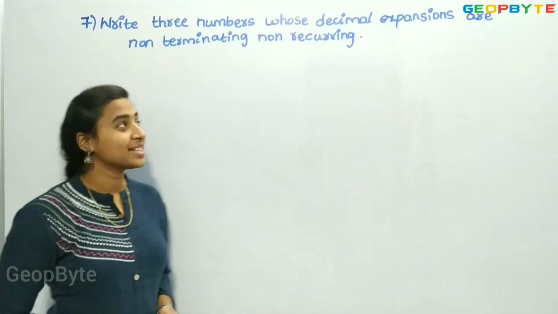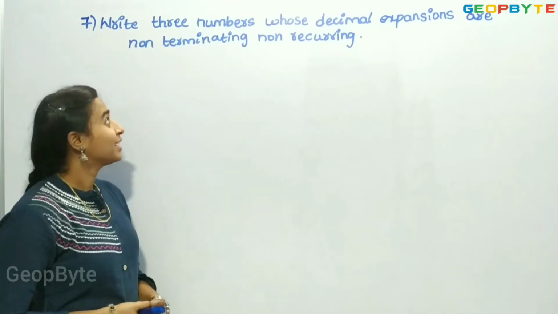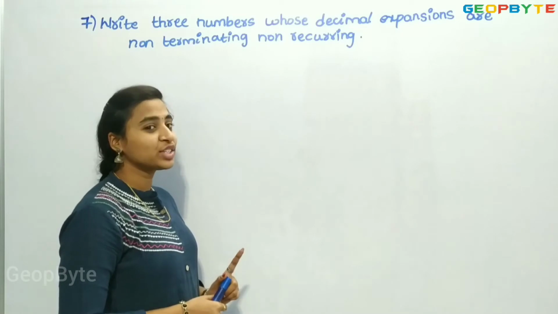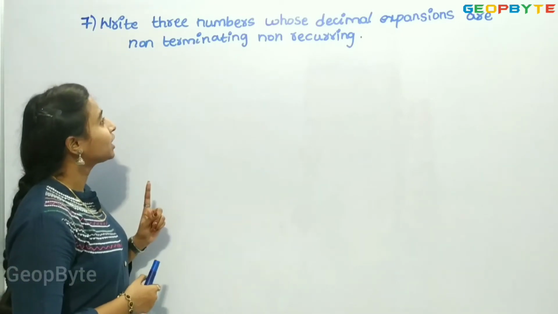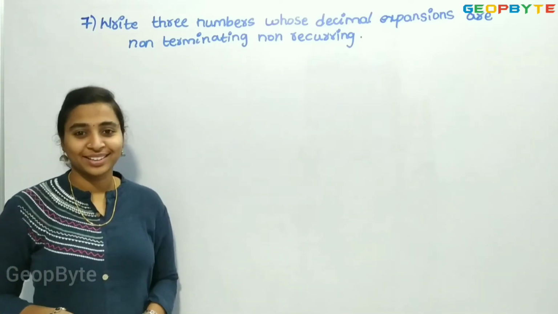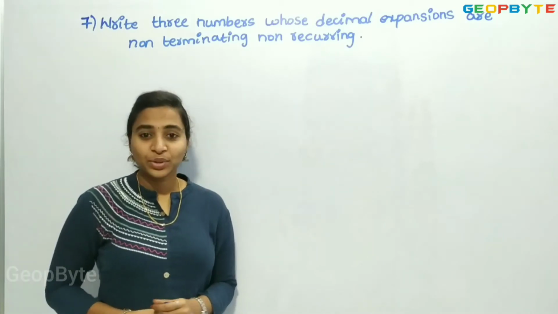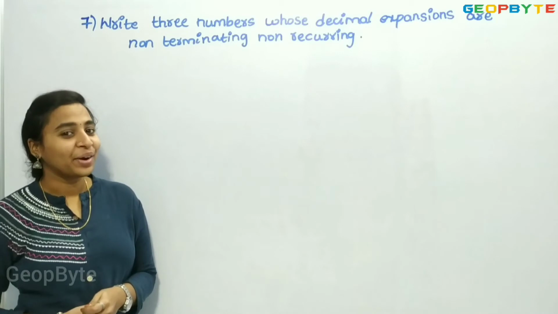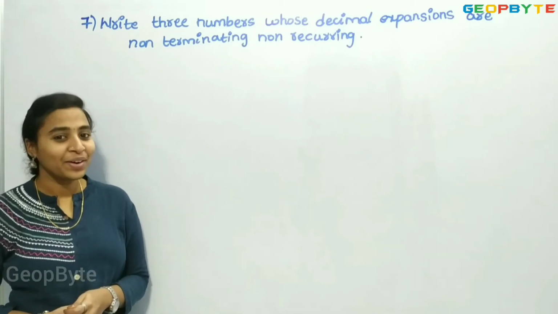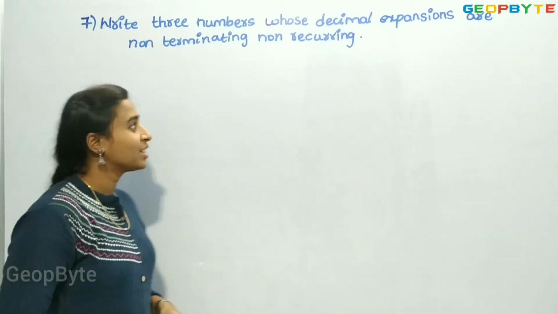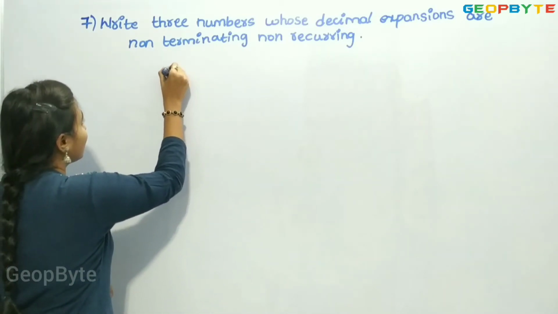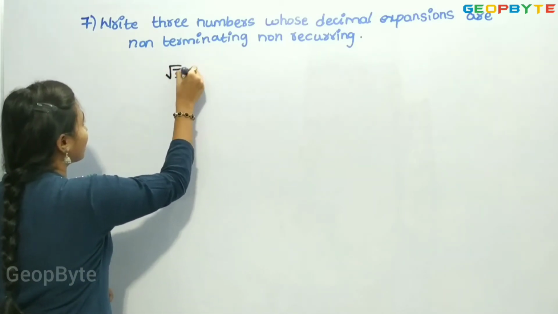Now, let us see the 7th question. Write 3 numbers whose decimal expansions are non-terminating, non-recurring. See, we know that all irrational numbers have non-terminating and non-recurring decimal expansions. So, let us take root 3.